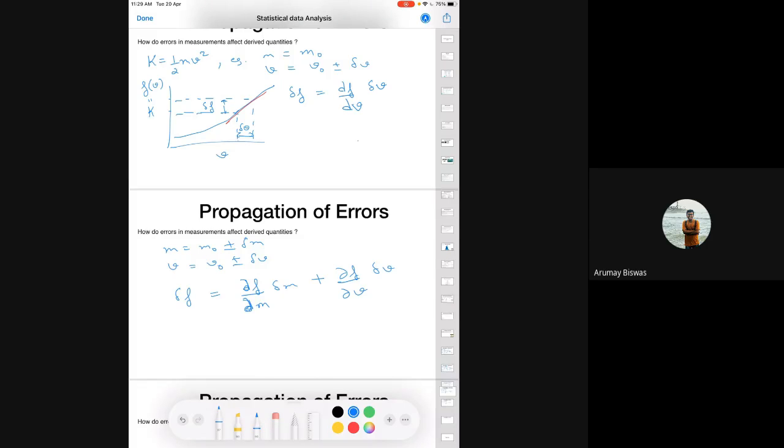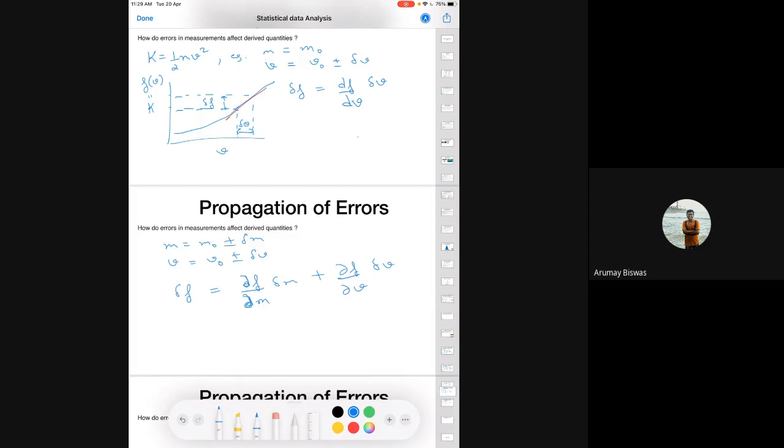So it's not directly this, because, no, wait, just one minute. So the thing is, when you have two variables, it is no longer one straight line, right?